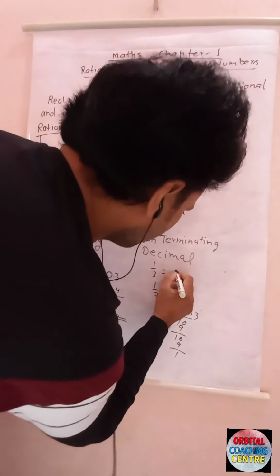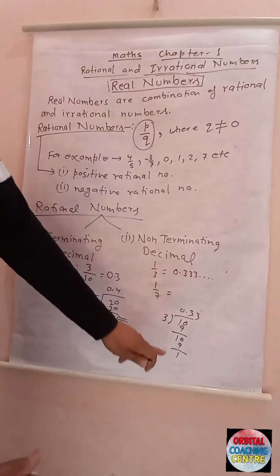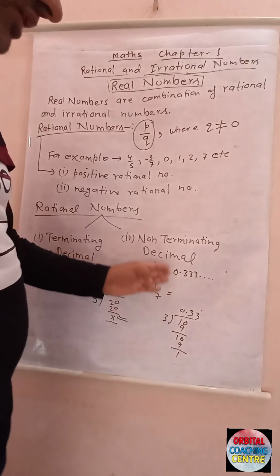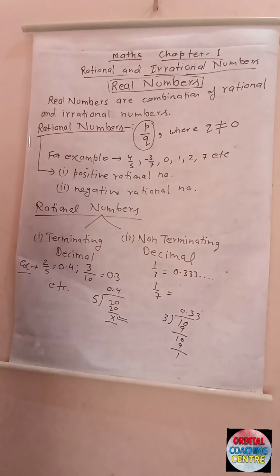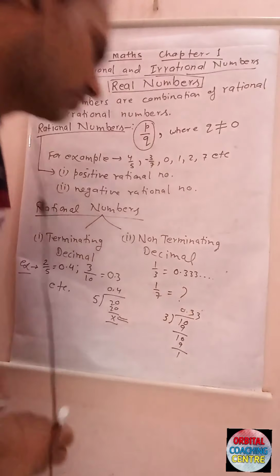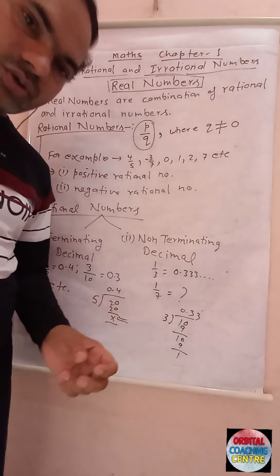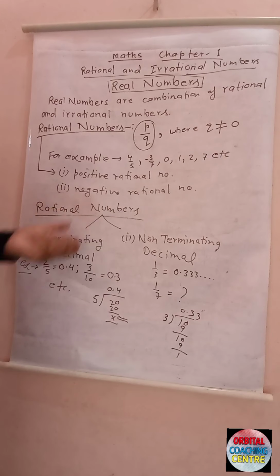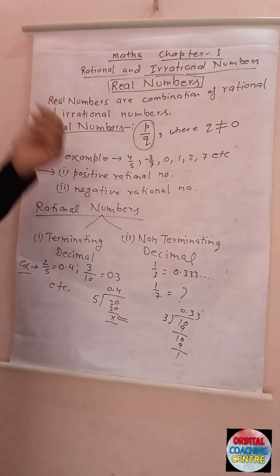So your answer will be 0.333, etc. Here you can see that the remainder is not 0. When the remainder is not 0, you can say it is a non-terminating decimal. Similarly, if you divide 1 by 7, that will also be a non-terminating decimal. So according to the expansion of decimals, we can divide rational numbers into two parts, terminating decimal and non-terminating decimal.